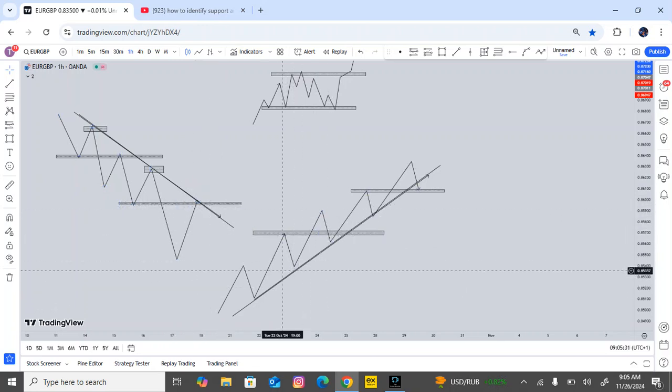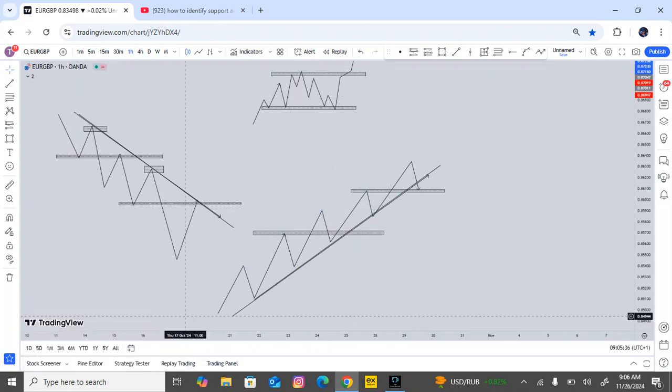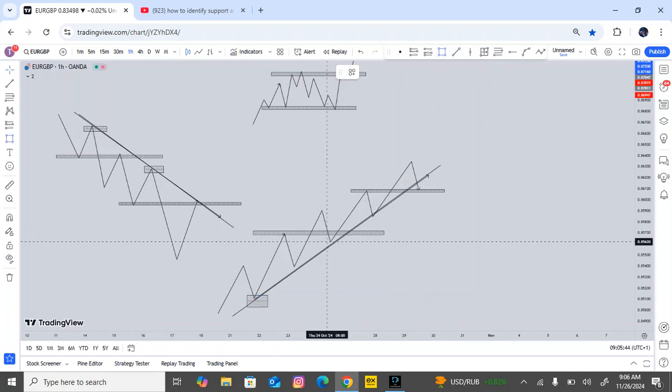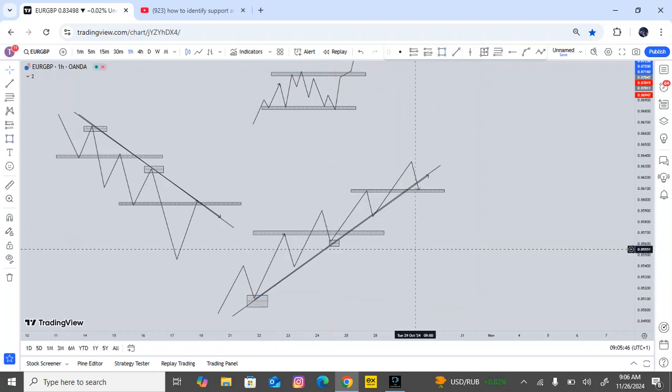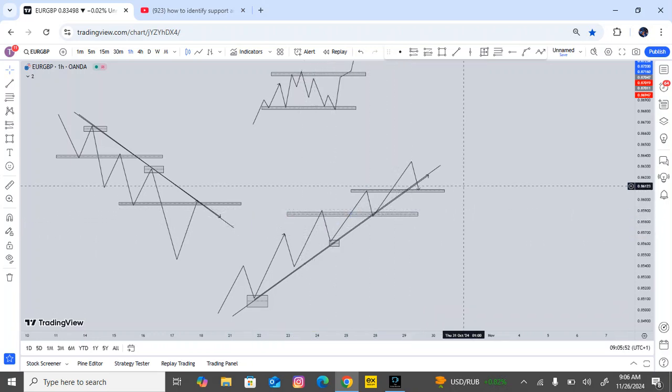Same thing with the uptrend and the buying opportunity. After connecting two troughs together, you can get a trading opportunity from the third touch, right here.